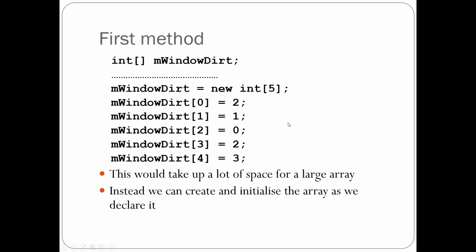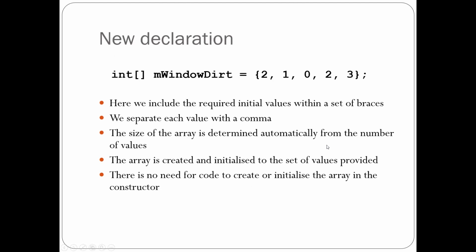For our example that's perfectly fine, but if we had a much larger array we would need lots of these lines of code, and we can probably do it in a better way. You can set up an initial array with square brackets and an array name, and then set up the initial values in curly brackets after the declaration, splitting each of the values up with a comma.